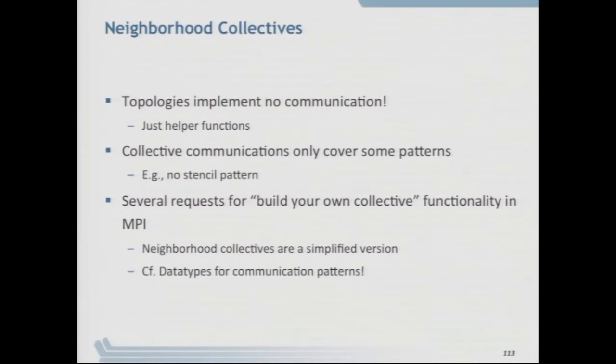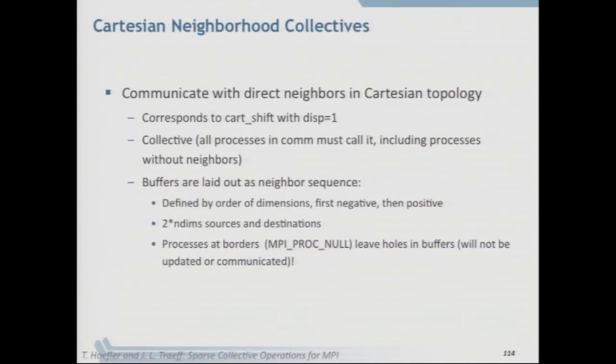The existing collective communications cover only some patterns, and these are usually patterns across the whole communicator, like an all gather or all to all across the whole communicator. There were requests for collectives for commonly occurring patterns, and a very commonly occurring pattern is nearest neighbor communication, either graph-based or stencil-based. So this is the solution to that.